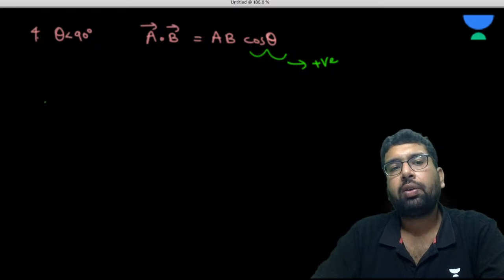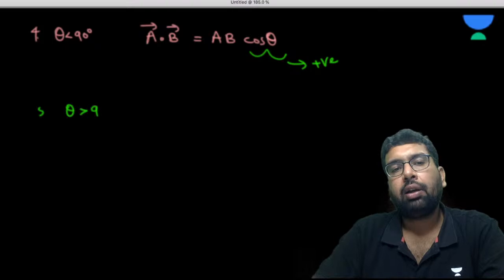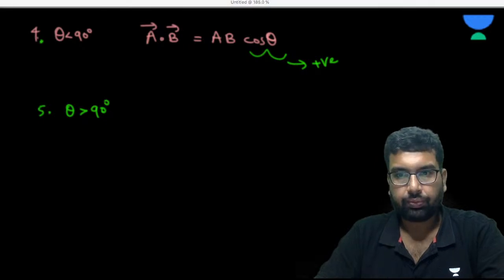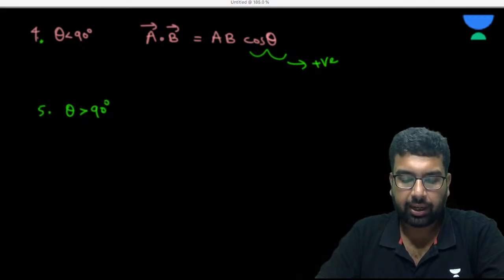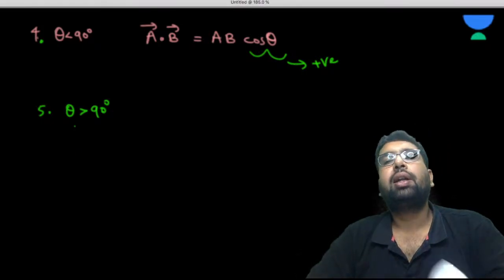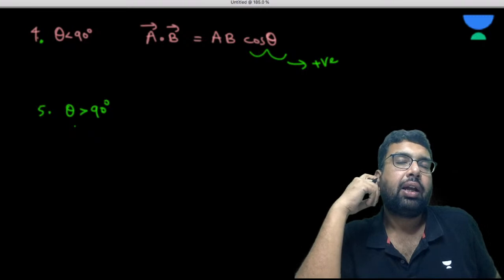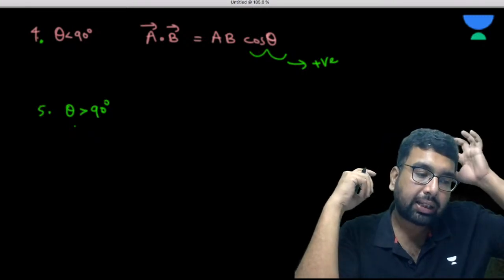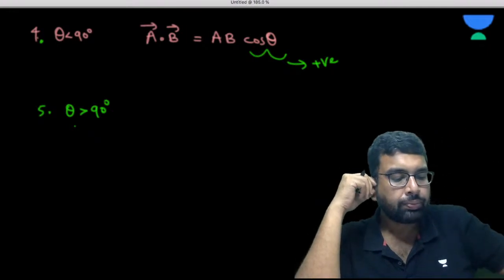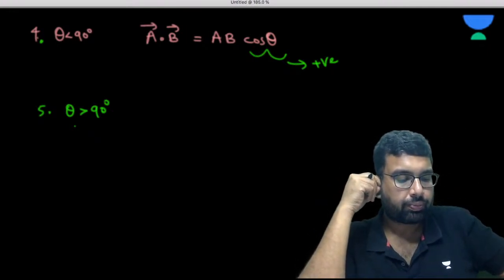Now similarly, if theta is greater than 90, it would be less than what value? Can you answer me? If theta is greater than 90, then it would be less than what value? Please answer me.